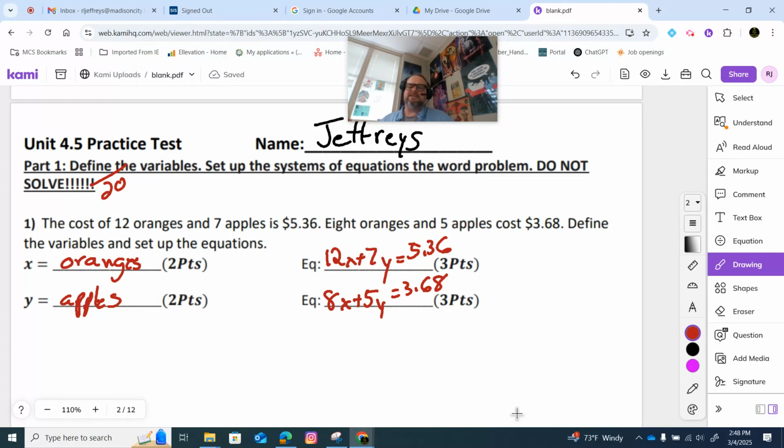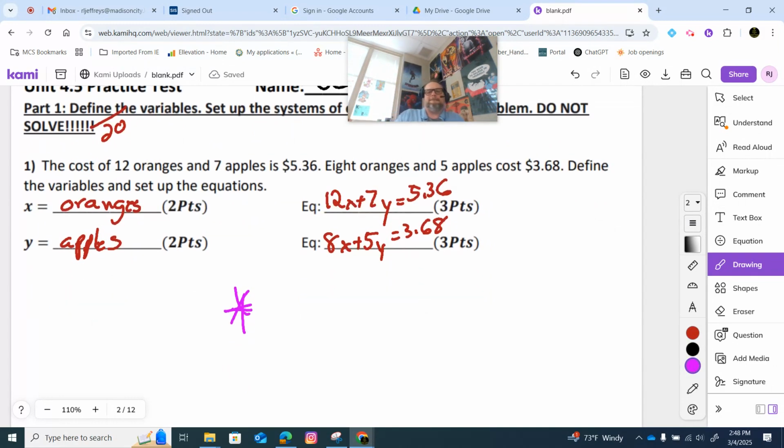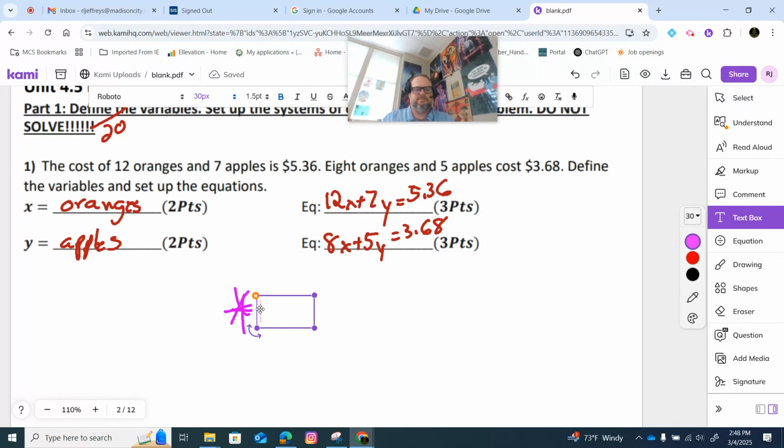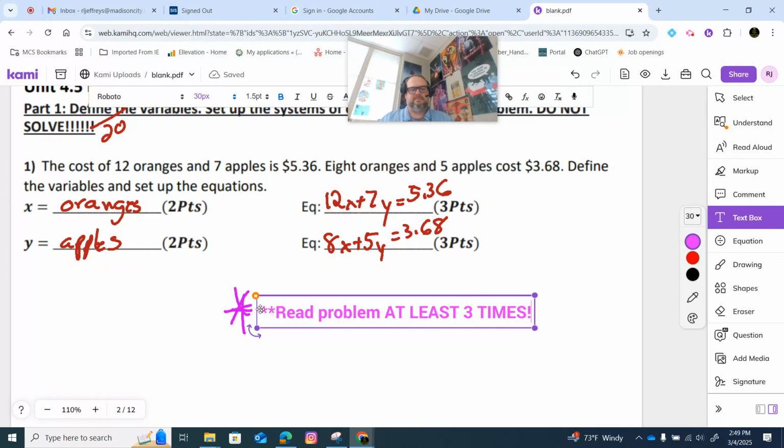Now, as a side note, how many times should you read a word problem? Okay.